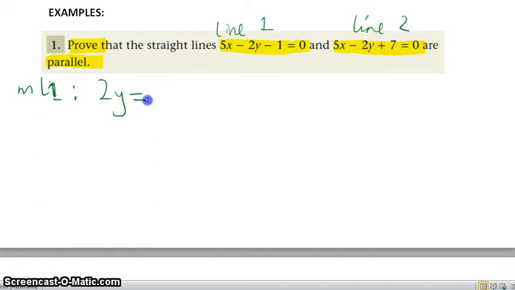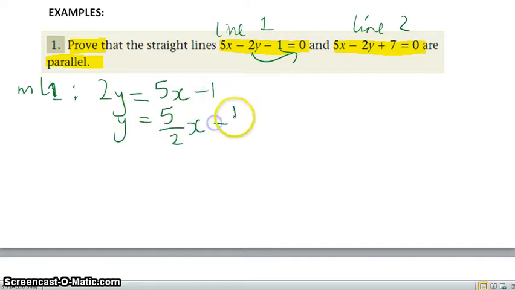So 2y, pushing the y over here, is 5x minus 1. Divide everything by 2, so y is 5 over 2 x minus a half. That gives me my gradient, 5 over 2. Therefore, the gradient of line 1 is 5 over 2.